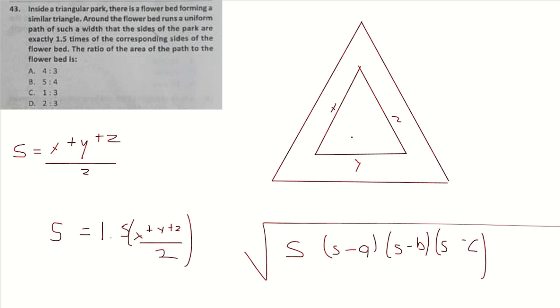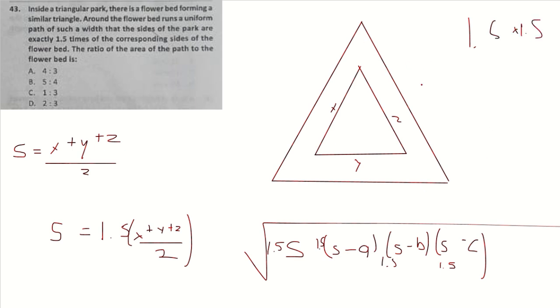The s of the park triangle is 1.5 times that of the flower bed, so you can write 1.5 here. S minus a, again this is 1.5, s minus 1.5a. Taking 1.5 common, you can write 1.5 here, and another 1.5 here, and another 1.5 here. When we take out the 1.5s, we get 1.5 into 1.5 extra.